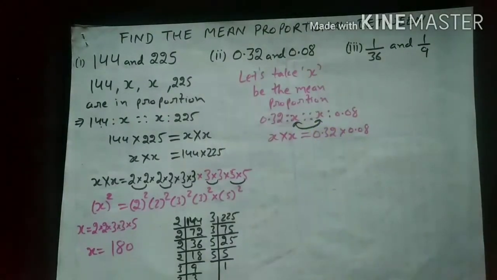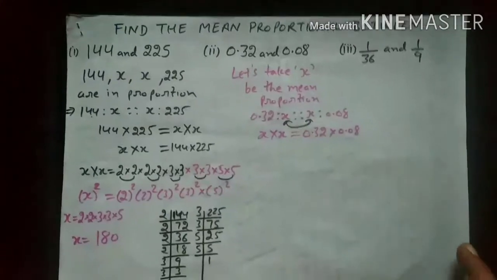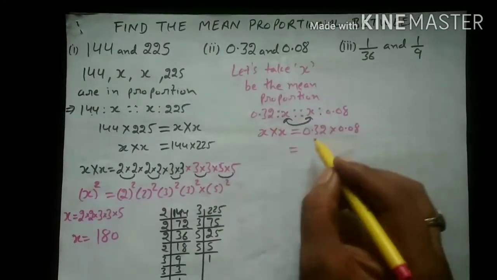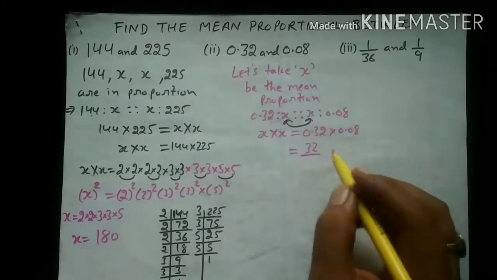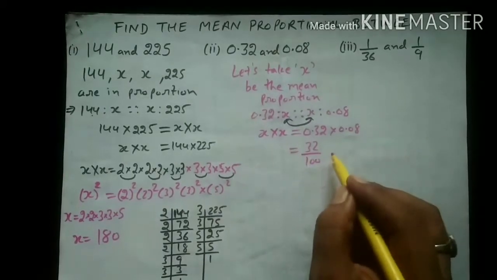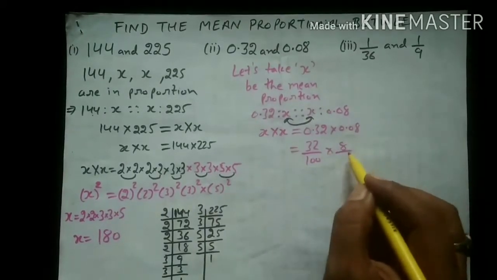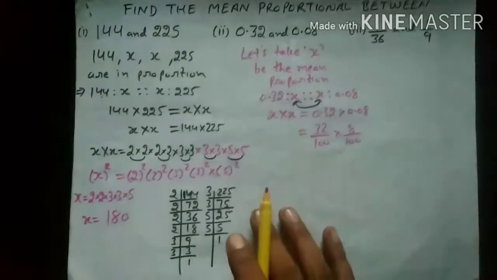Now you can see I may convert this 0.32 into fractional form and this 0.08 into fractional form.